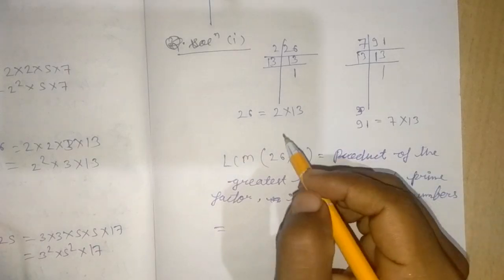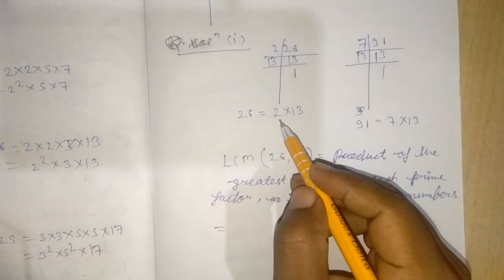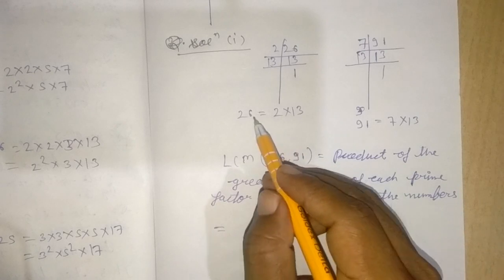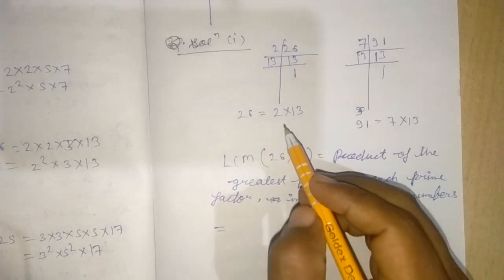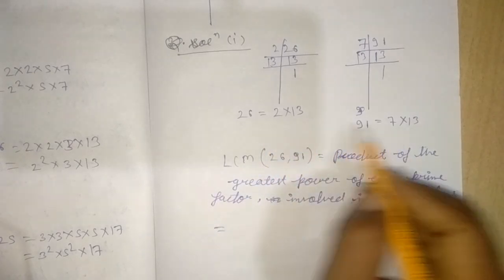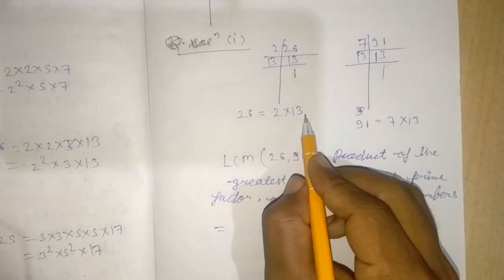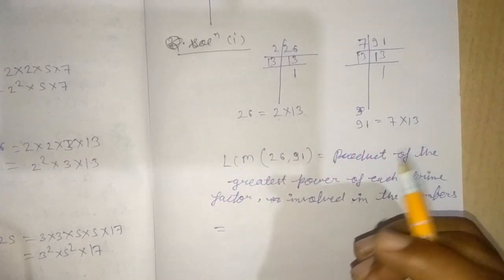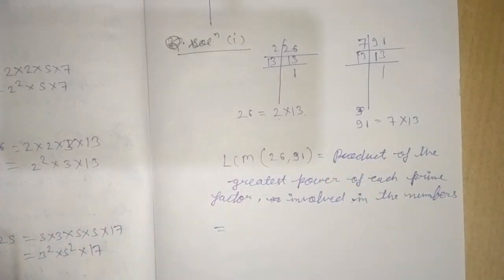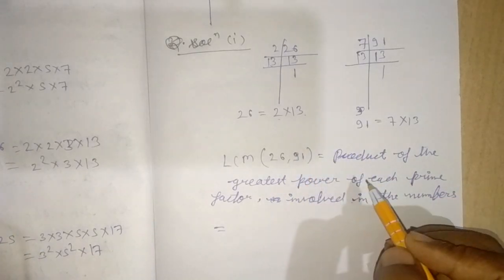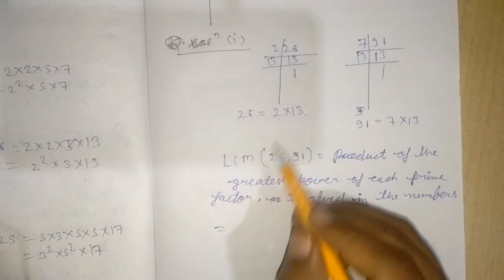So we observe there are 3 primes in both factorizations, 26 and 91: 2, 13 and 7. So our first prime is 2. So we will observe what is the greatest power of 2.